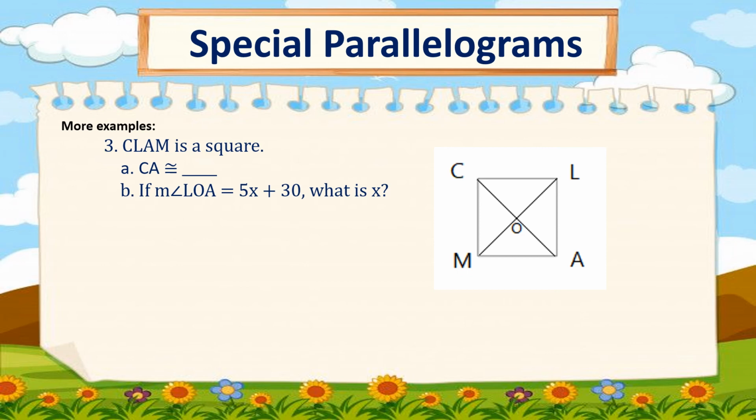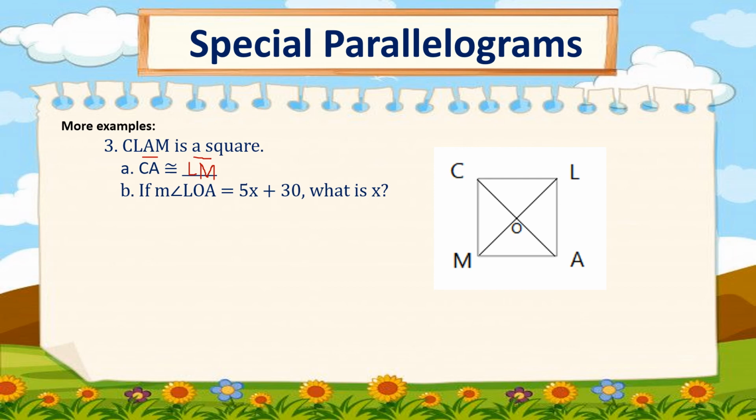So we can say that here CA is congruent to LM since the diagonals of a square are congruent.